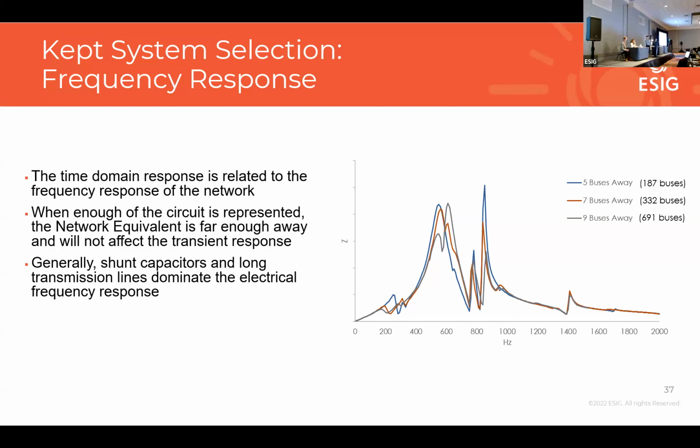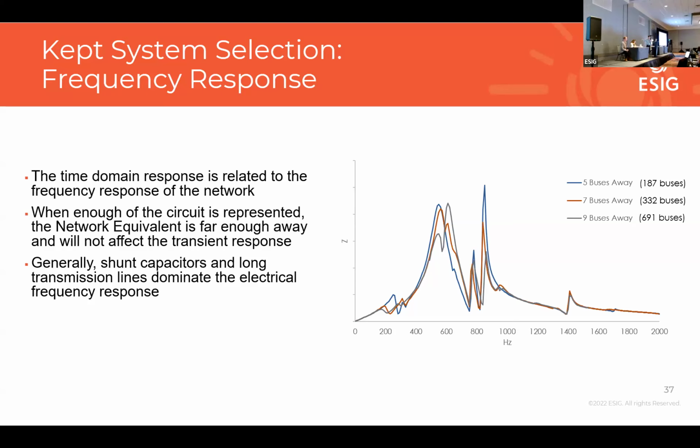If you follow the colors here, the 5 bus away case is the blue one, 7 is the orange, and I think gray is the 9. You can see there are frequency ranges at which they're very well aligned, and some frequency ranges at which they're really not well aligned at all. Up to around 150 hertz, pretty well aligned.